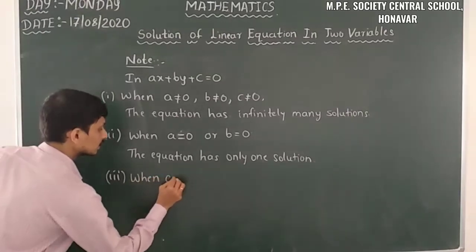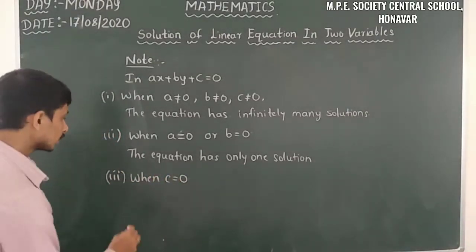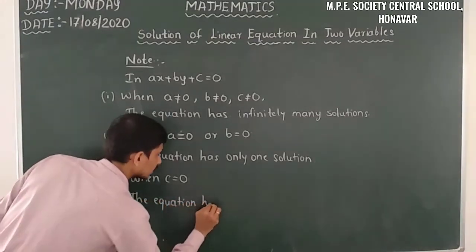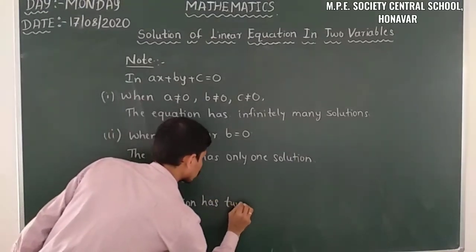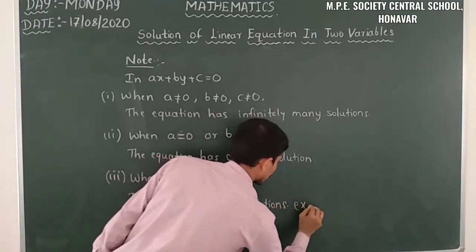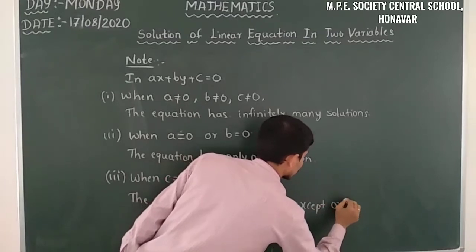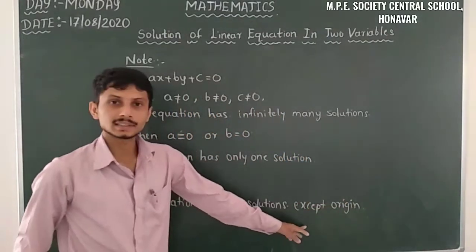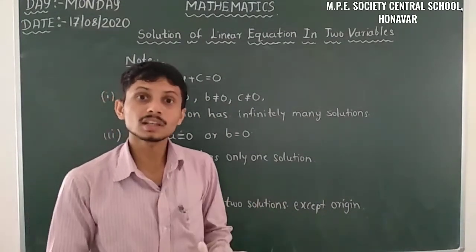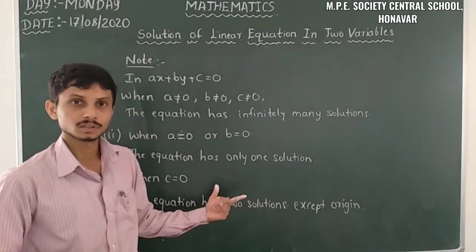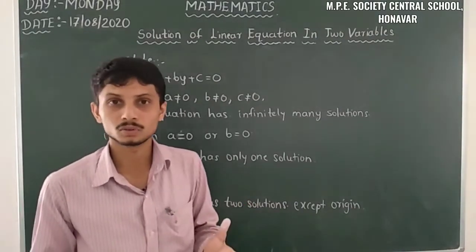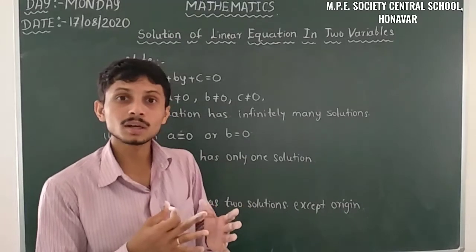When C is equal to 0, that means the constant term is 0, the equation has two solutions except the origin, or apart from the origin. The origin is also one of the solutions of this equation, but apart from the origin there are two unique, separate solutions. That means they belong to one of the quadrants.